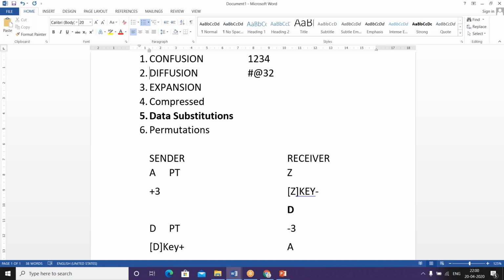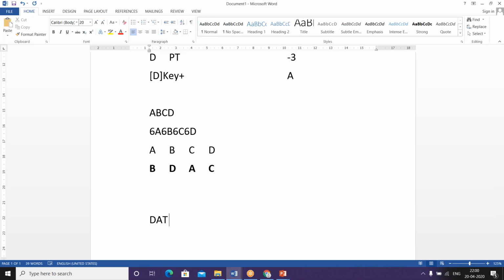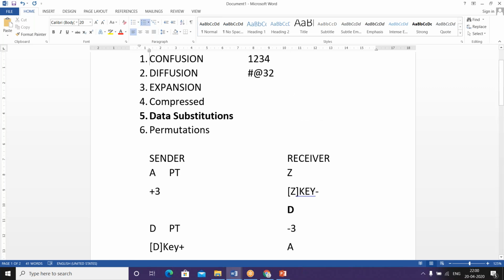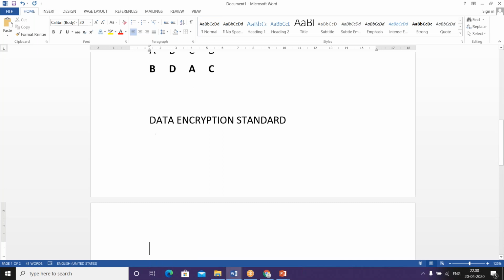So if you take some data security standards, I told you, data encryption standard, they follow all these methods. They will take a key, they will diffuse the key with the plain text.